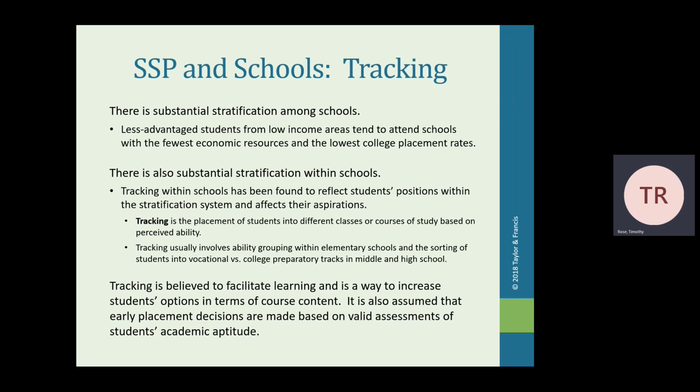If you're from an upper middle class background at the elementary level, you're probably going to do better in school than someone who's from a working class or working poor class background. And so whenever you get to high school, because we're just viewing initial, quote unquote, ability in elementary school, we find that people from middle or upper middle class backgrounds tend to get sorted into college prep tracks.